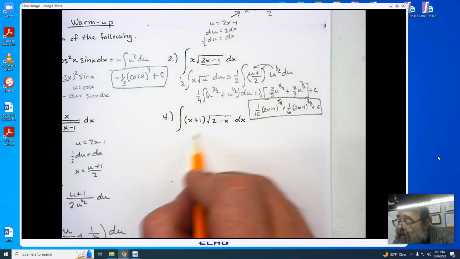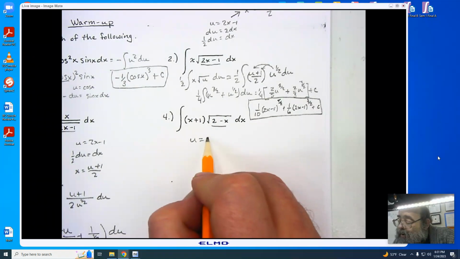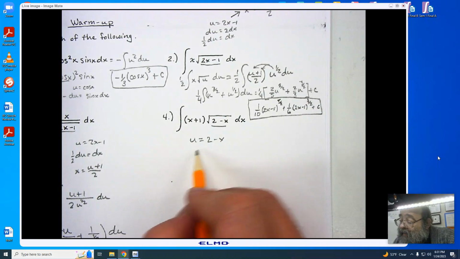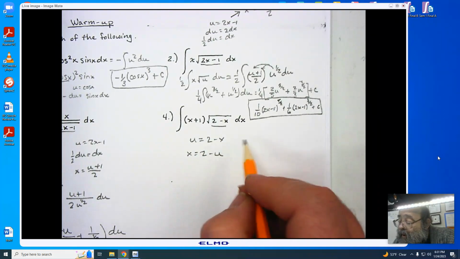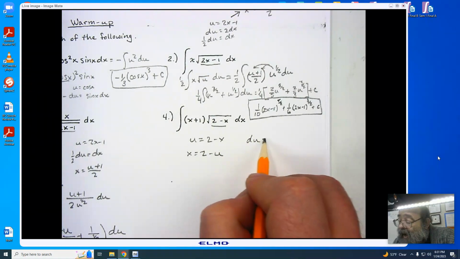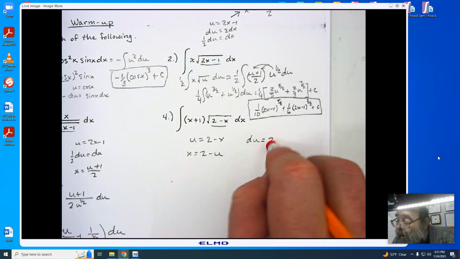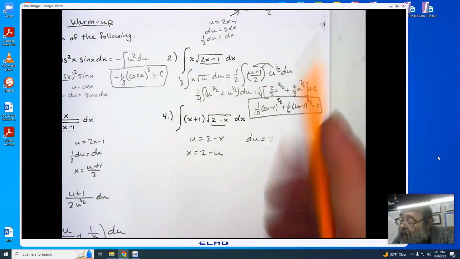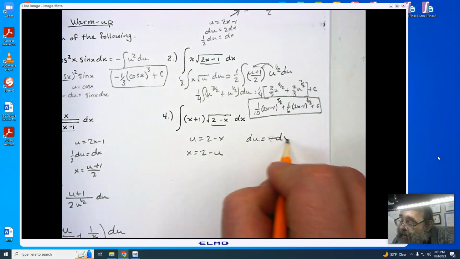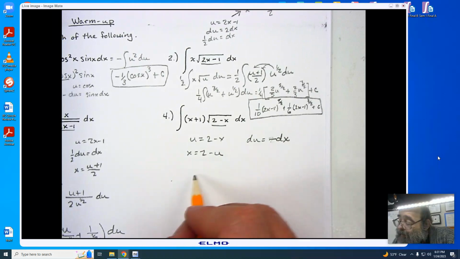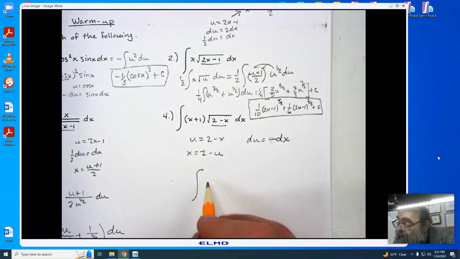Same basic idea. Let u equal 2 minus x. That's going to give me x equal to 2 minus u, my du, and I'm going to have to start talking louder because I have things happening in the hallway, minus dx, and now I'm going to start substituting.